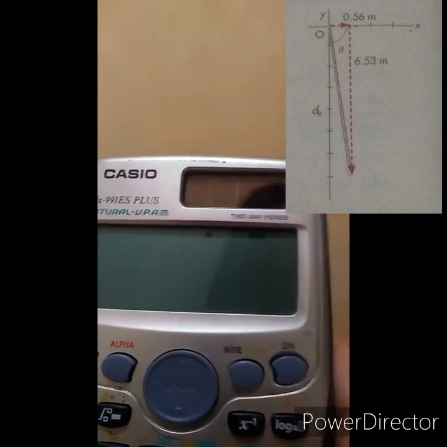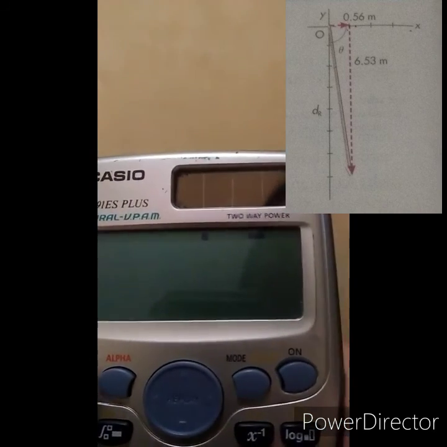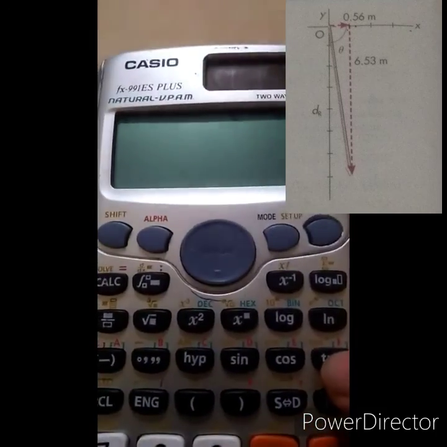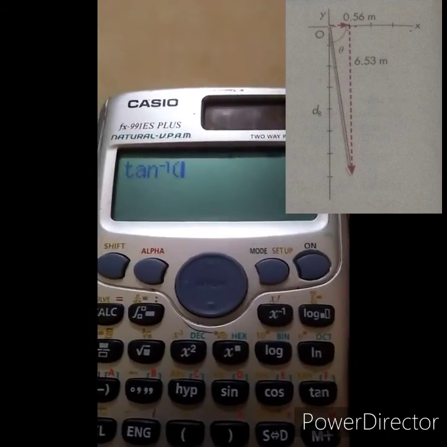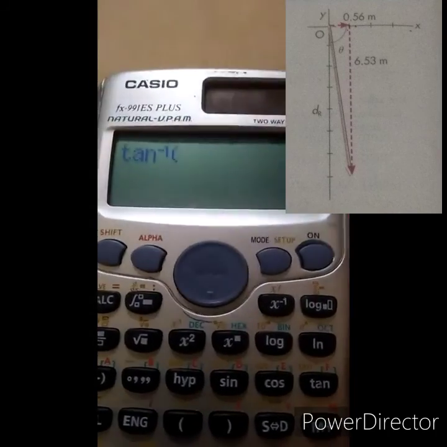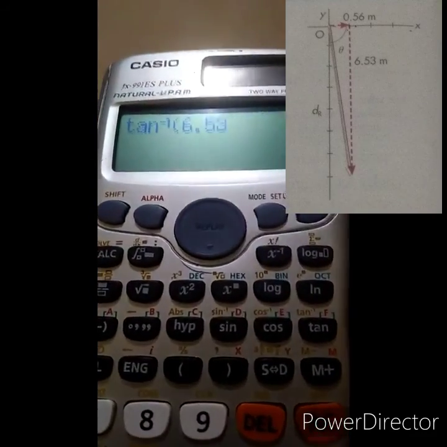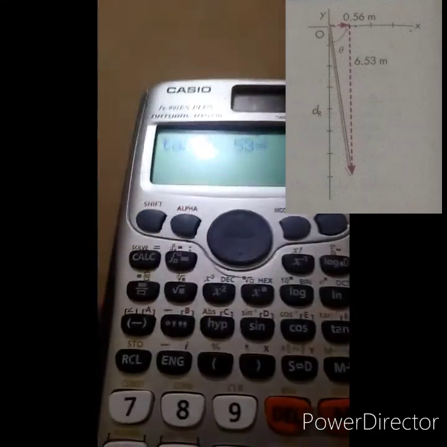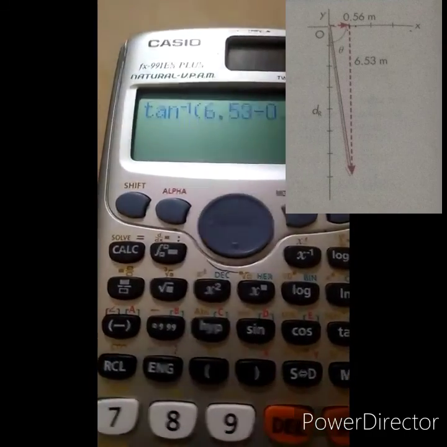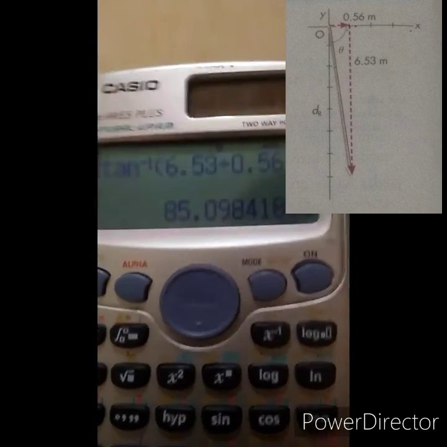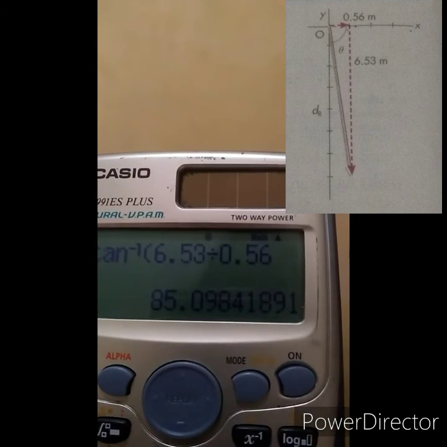Therefore, in order to get the angle, we will just encode it in our calculator. Since we are using tan negative 1, you just need to press shift, then tan, tan negative 1. Then the opposite side is equal to 6.53 since we are using the absolute value. Therefore, don't include the sign. Divided by 0.56 is equal to 85.09. Since it is an angle, we will just be using the whole number.